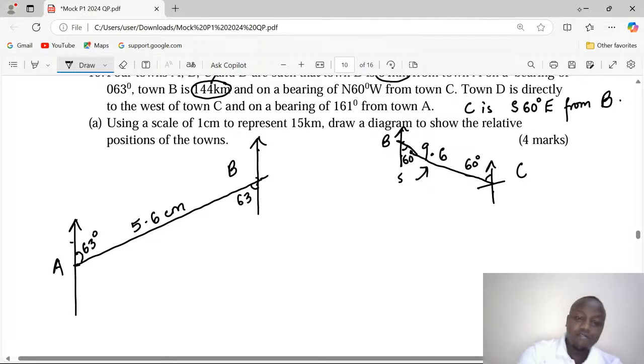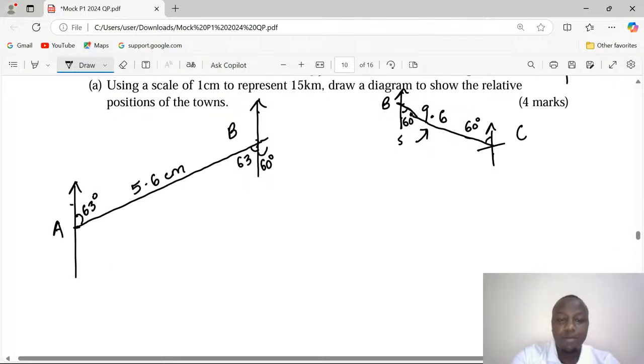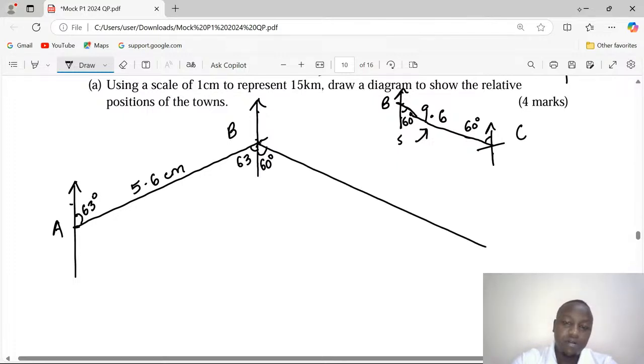So from B, 60 degrees towards the east, then we do 9.6. Now we do 9.6 instead of 144. 9.6 centimeters.